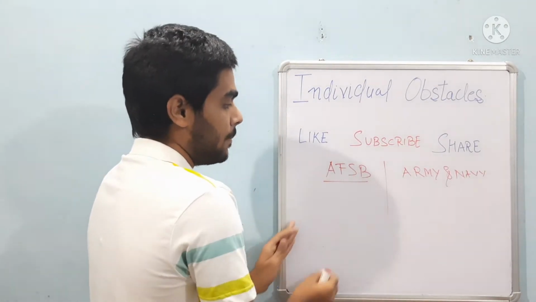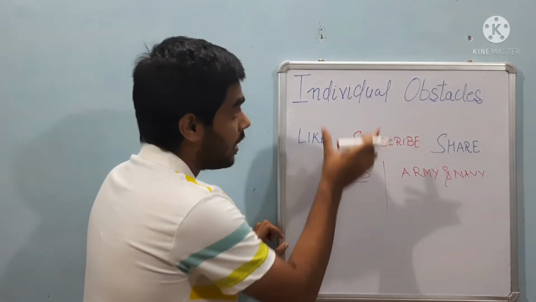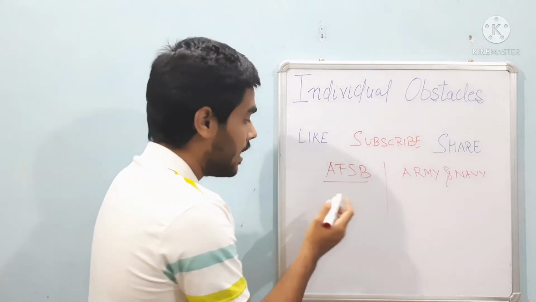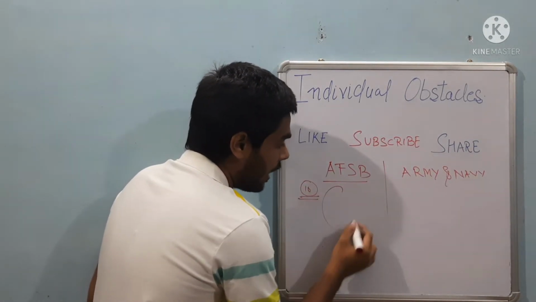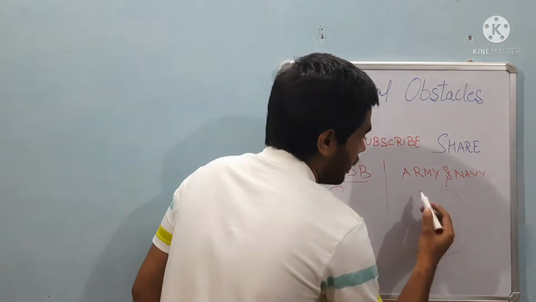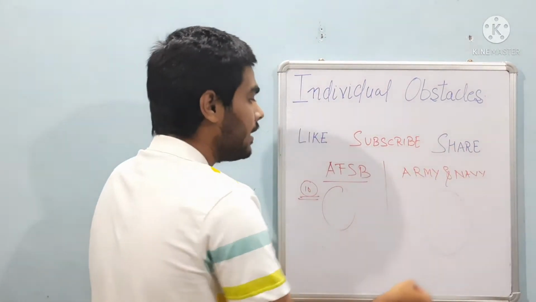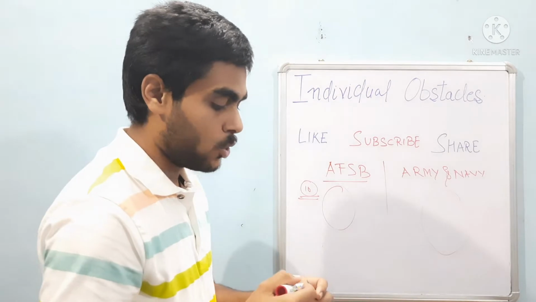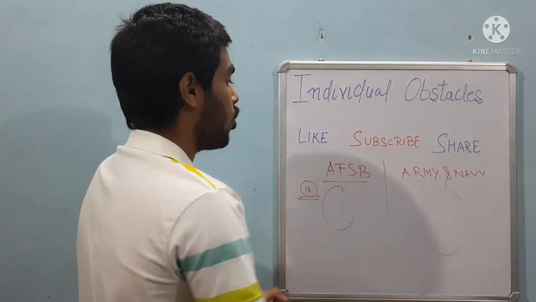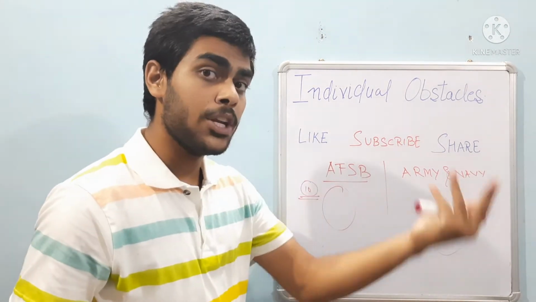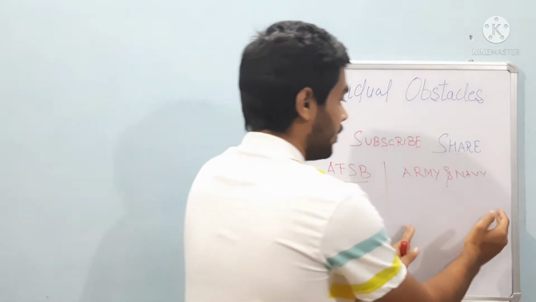The 10 individual obstacles of the Air Force are different from the Army and the Navy. So in this video, I will cover all the individual obstacles of the Air Force, and in the next video I will cover the Army and the Navy.